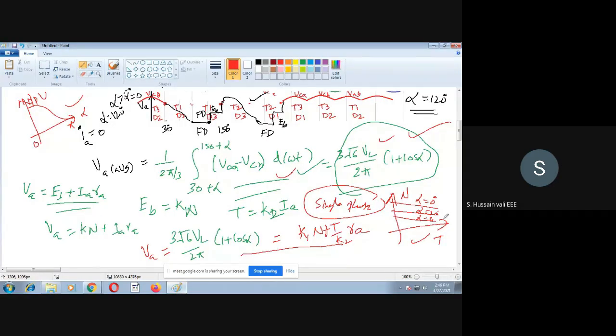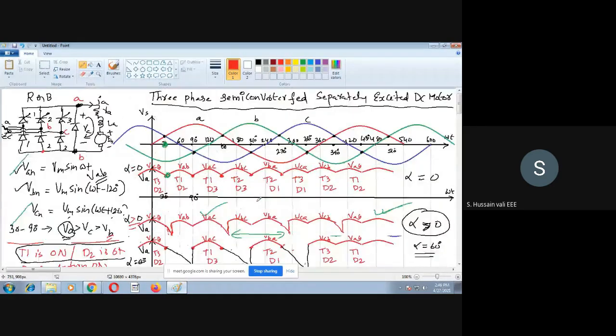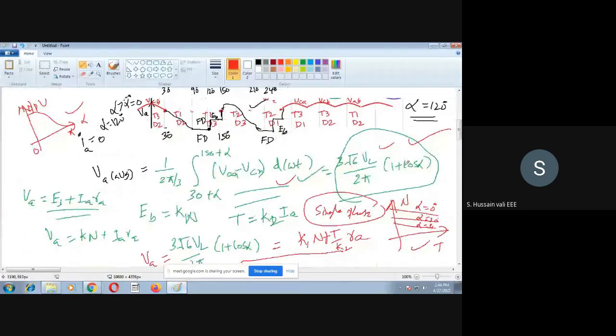Then we will see now whether this is correct or not. So VAC is nothing but the line voltage. I want you to check this yourself, whether it is correct or not.